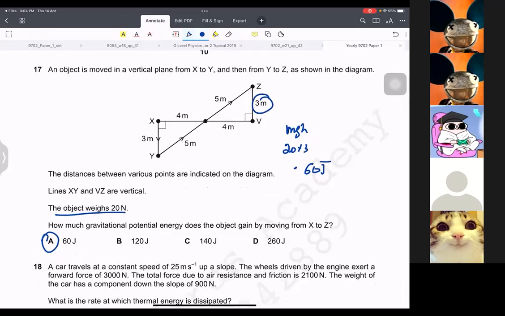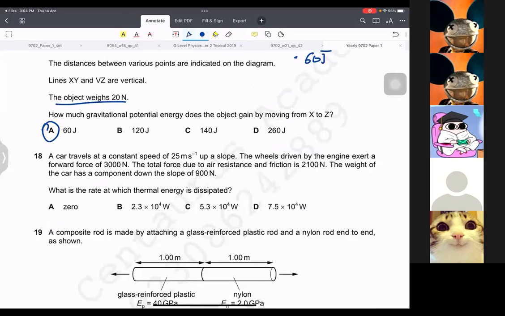This is pretty simple. A car travels at constant speed, 25, up the slope. The wheels driven by engine exert forward force. The total force due to air resistance. The weight has the component of 900. At which rate the thermal energy is dissipated. Okay. So forward force is this. And this weight does not really constitute to losing energy.